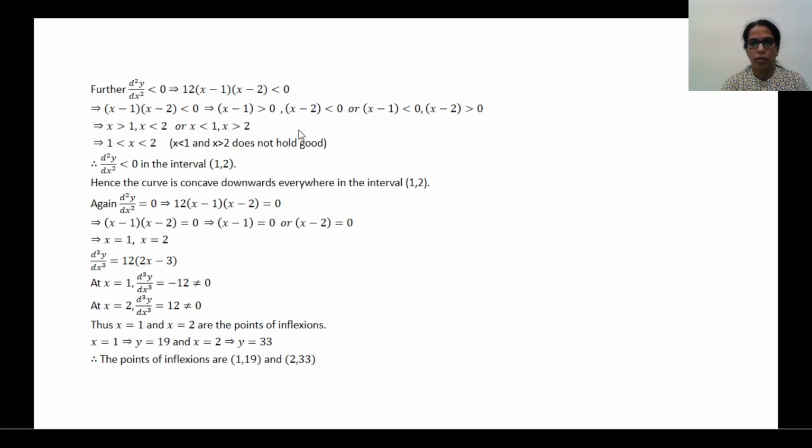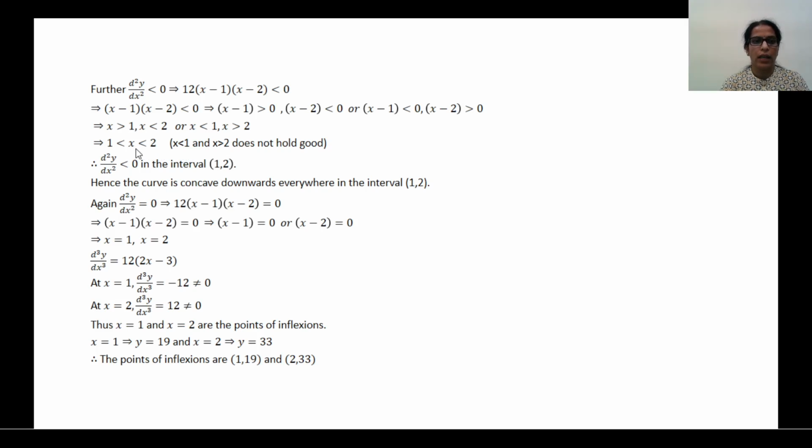Positive into negative is negative, and negative into positive is negative. This implies x is greater than 1 and less than 2, or x less than 1 and x greater than 2. But the second case does not hold good, since x less than 1 and x greater than 2 cannot happen together.